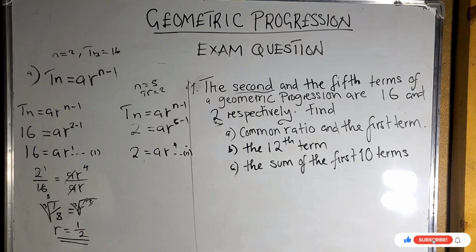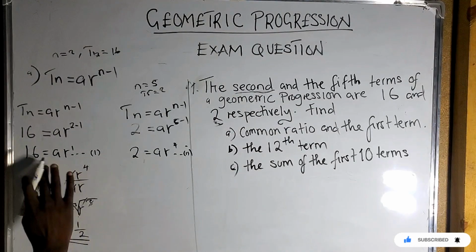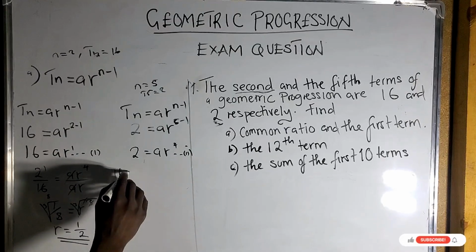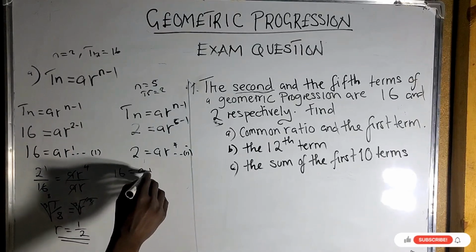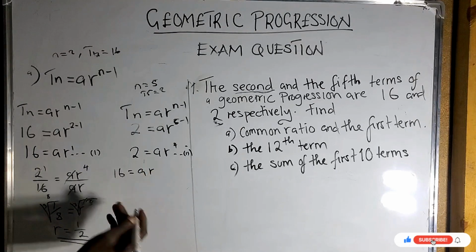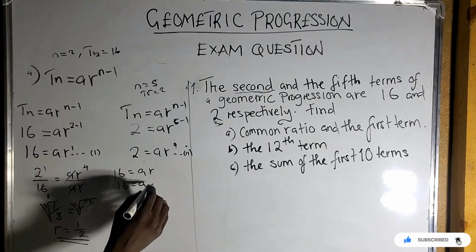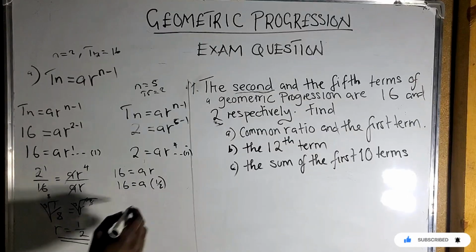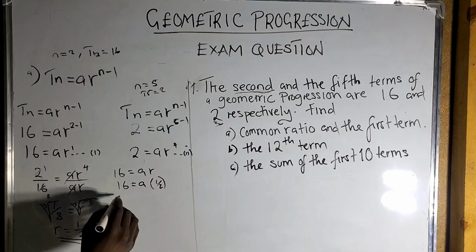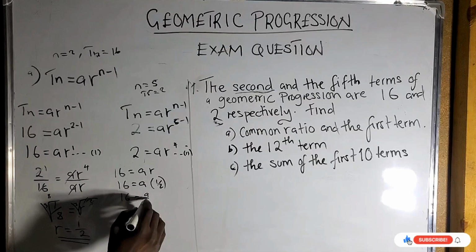Then what is the first term? To find the first term, you can use any of these two equations. Let me use the first one. 16 equals ar, which is just ar to the power 1. So 16 equals a times r, where r is 1 over 2, so 16 equals a over 2.